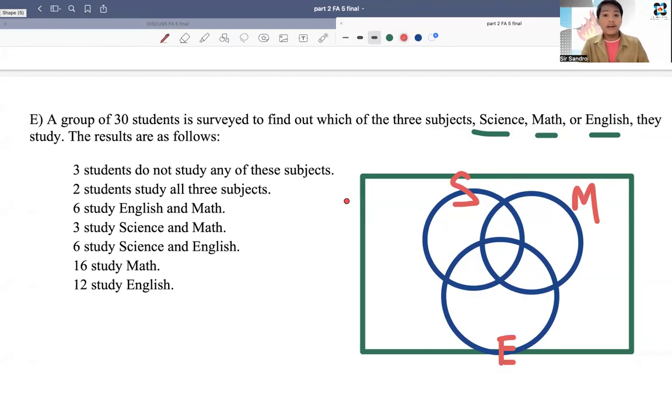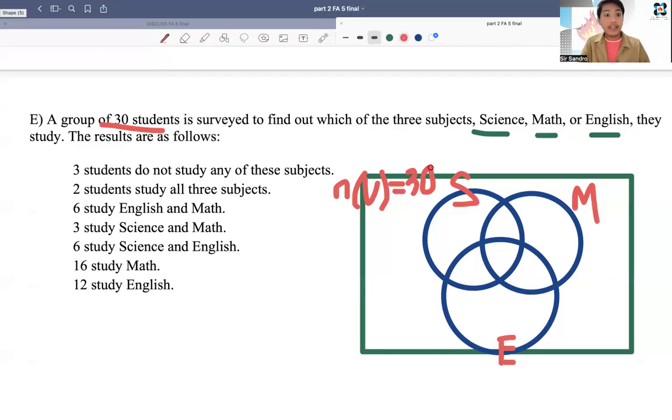And the cardinality of the universal set, we can write it here, n of U. The cardinality of the universal set is equal to what? There are 30 students who were surveyed. So we can include 30 here. Okay, very good.